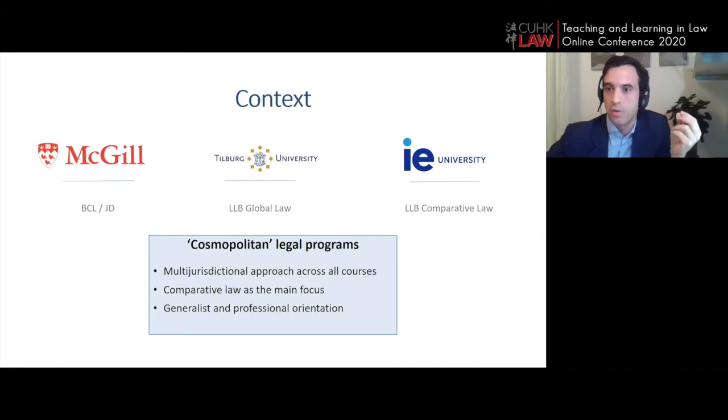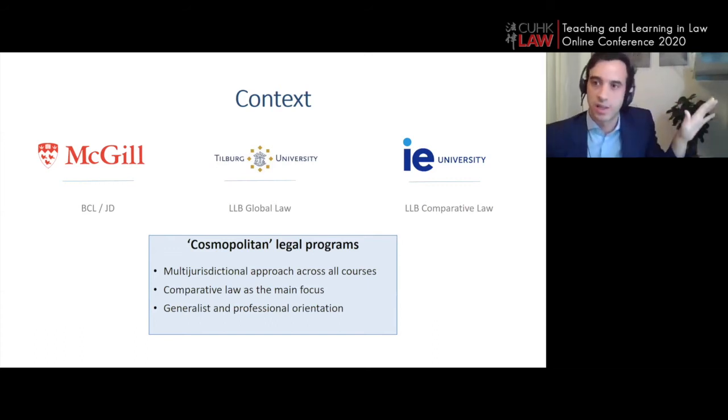Because if we think of how law used to be taught in the Middle Ages in the first European universities, so in La Sorbonne in France, in Bologna in Italy, in Oxford in England, or in Salamanca in Spain, what scholars used to teach back then was actually the jus commune, right, which was a combination of canon law and of Roman law, and the assumption was that law students would subsequently get acquainted with the specificities of their own jurisdictions through practice, right?